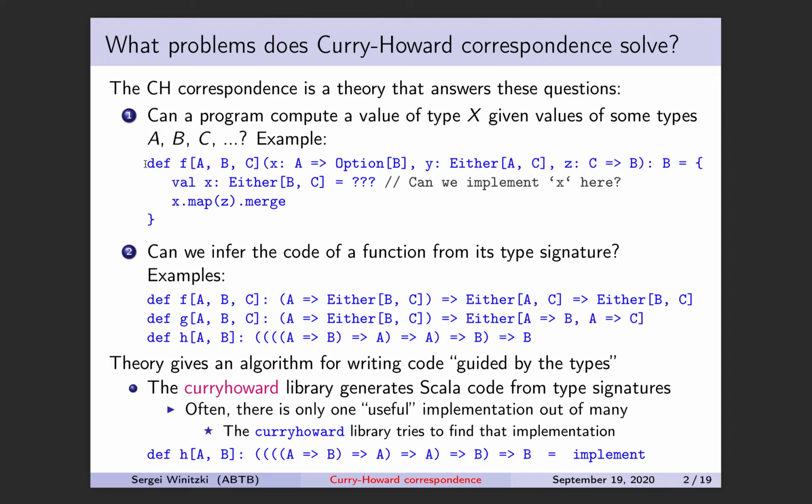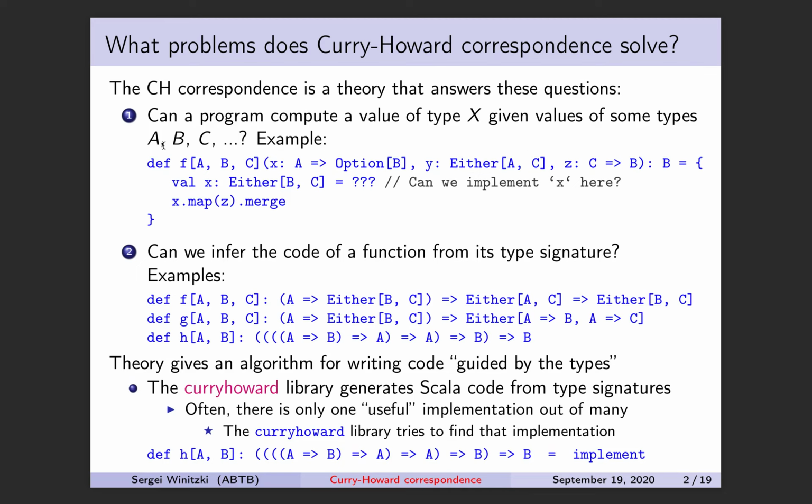Suppose we have a type signature with three type parameters, and the function has three arguments of these types. So the types of the arguments are type expressions made up from type parameters only. That is a very important detail that I will talk about later. But this is an example of a problem that the Curry-Howard correspondence solves.